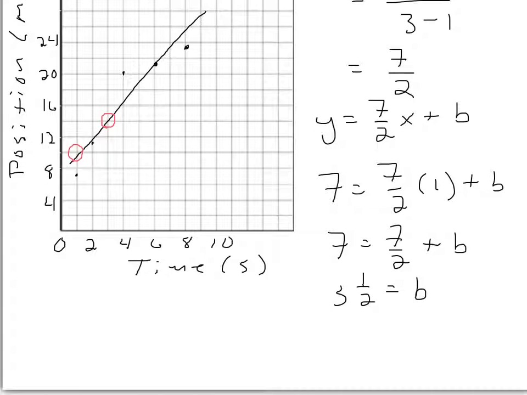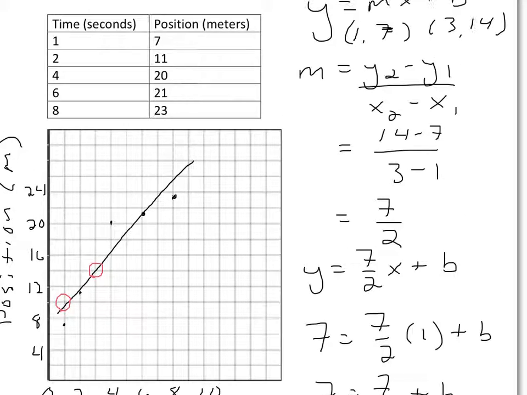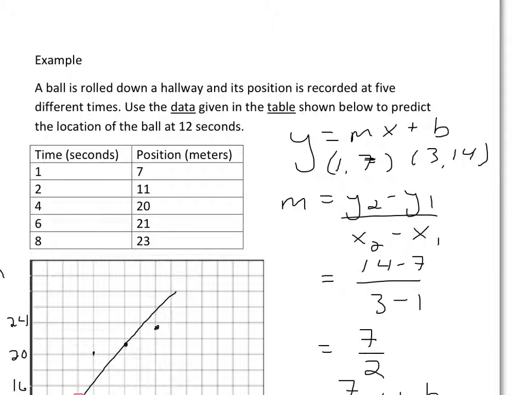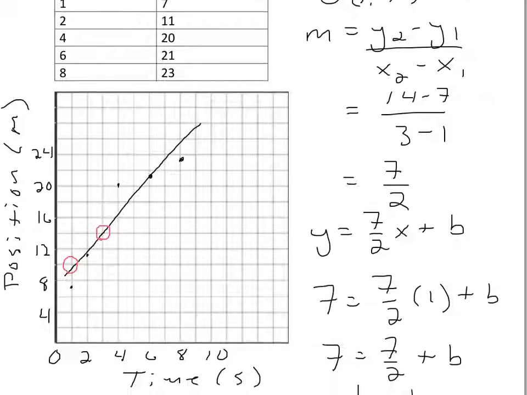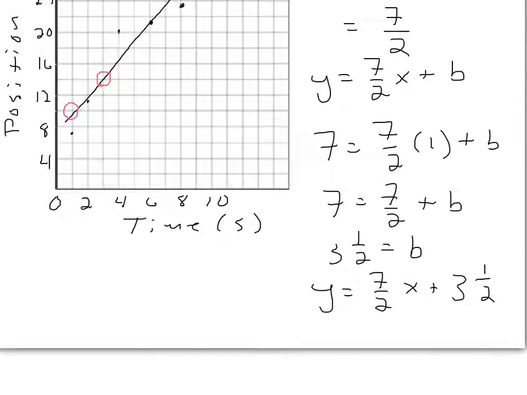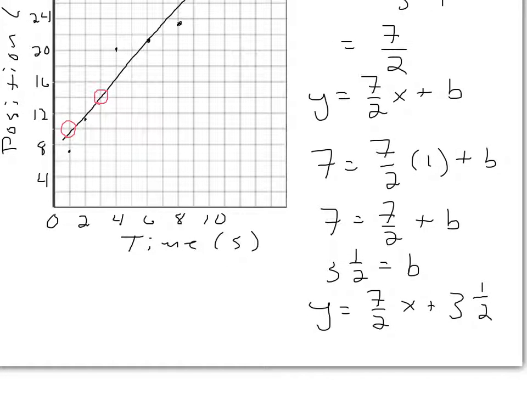So the equation of the line is y equals 7/2 x plus 3.5. Now I want to use this equation to predict, let's go back to the question, the location of the ball at 12 seconds. That means in place of x, because x was my time axis, I'm going to go ahead and put 12. I'm going to put this on another page.